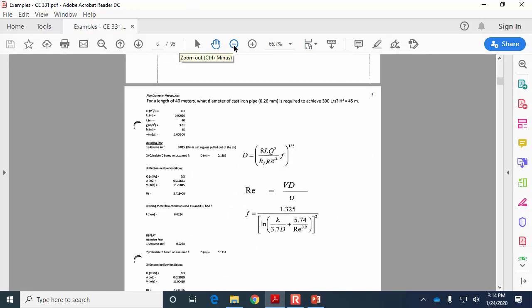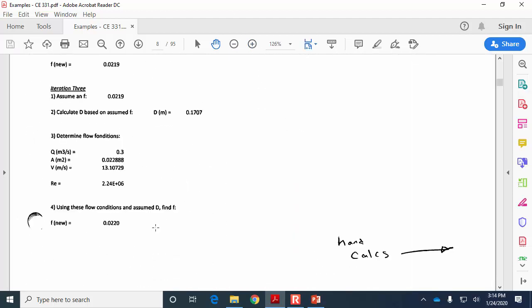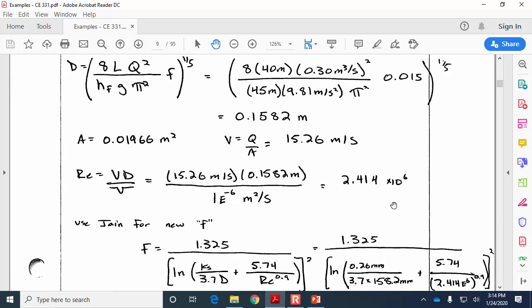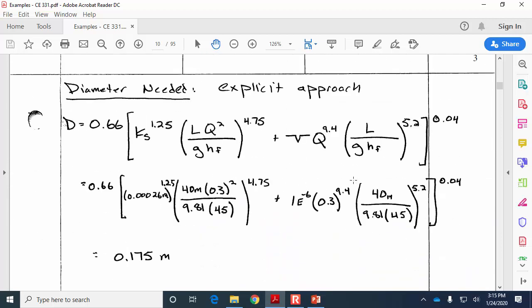When we did it according to the spreadsheet method, the diameter that we'd need in iteration was 0.1707 meters. So that's the exact pipe size that would be required. Now if we do that by the non-iterative approach, the explicit equation, then it's saying 0.175. So that's pretty close to the 0.171 meters that we got through the iterative approach.